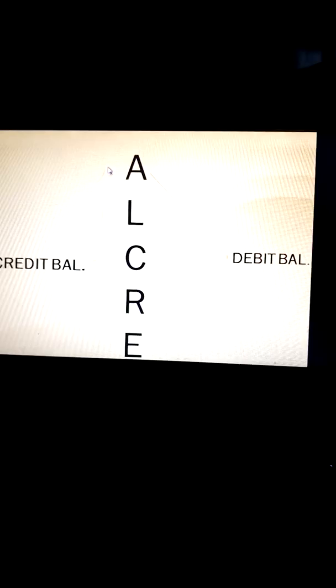Good. Now, if you look at these categories of accounts, we could give it an acronym which is referred to as ALCRE. A-L-C-R-E. Now, we want to look at what are the balances for these classes of accounts. The first word here, A, which is asset, and the last word, E, which is expense, they have debit balance, meaning that for assets to increase or expense to increase, you must debit those assets.